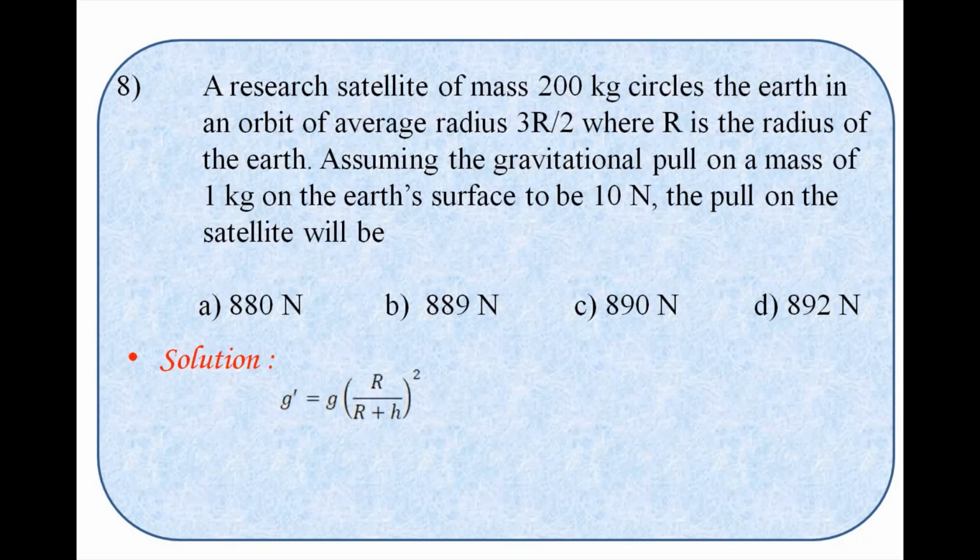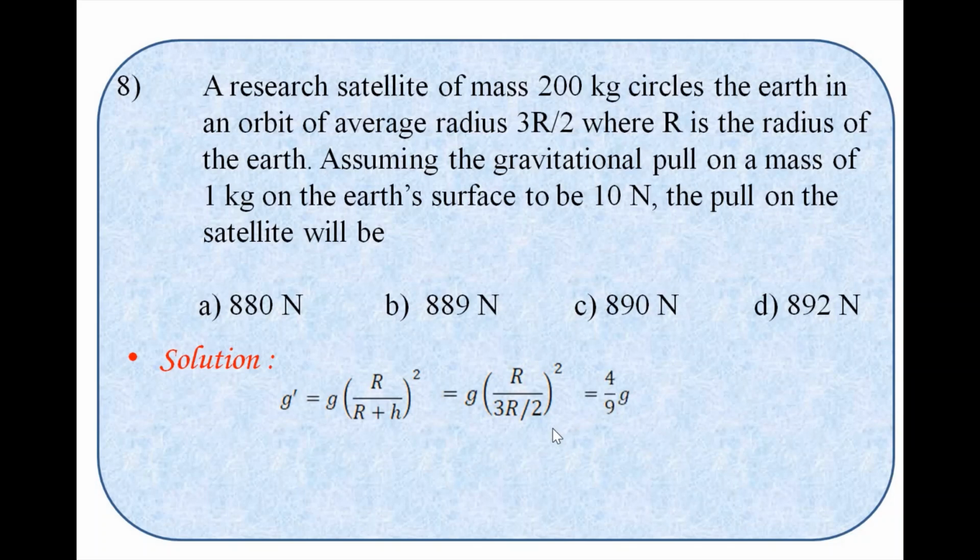We have to know that the acceleration due to gravity at a height, that means at altitude, is given by the formula g dash is equal to g times (R divided by R plus h) squared. Putting the given conditions in the problem, it is equal to g times R divided by (3R by 2) squared.